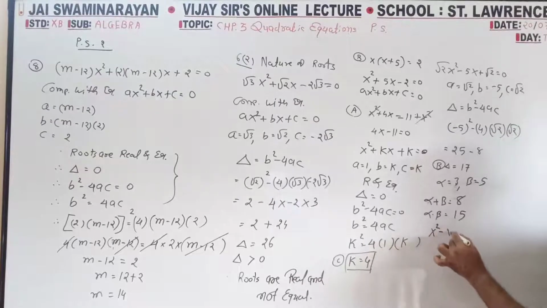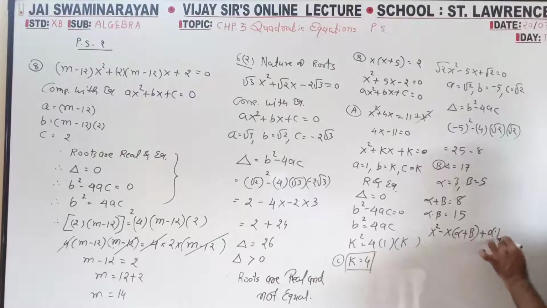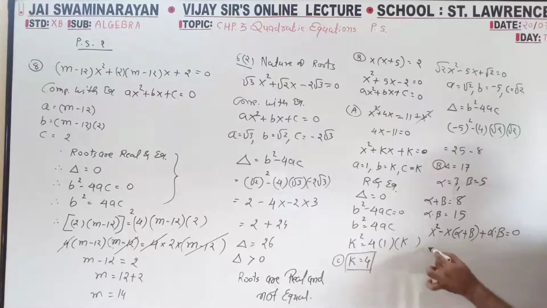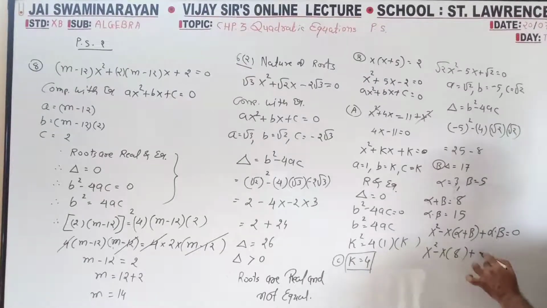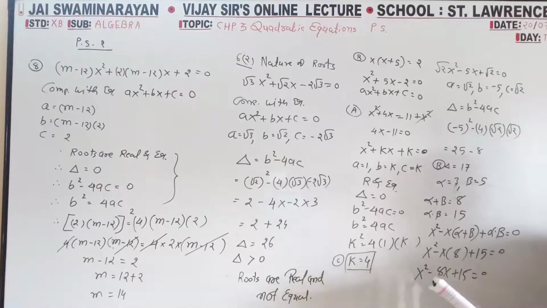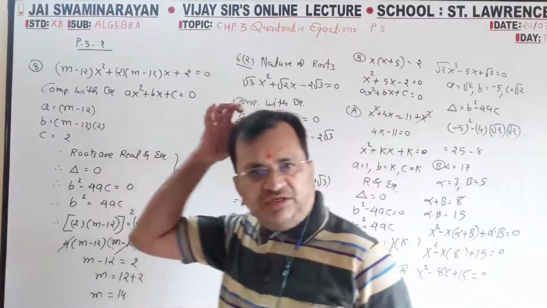So x square minus x (alpha plus beta) plus alpha dot beta is equal to 0. x square minus 8x plus 15 is equal to 0. That equation is B. So at the end you have to write B.